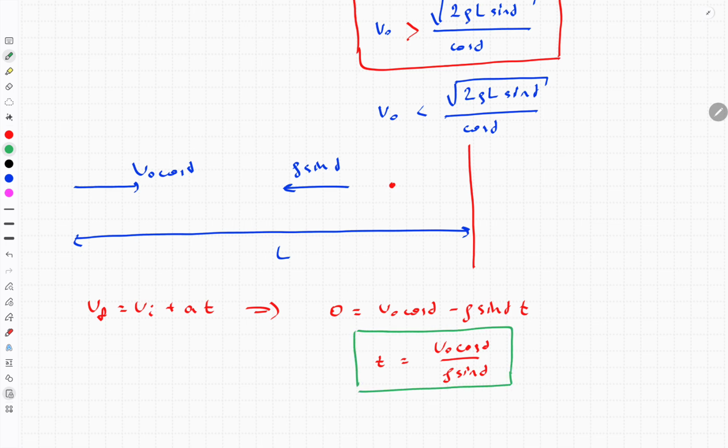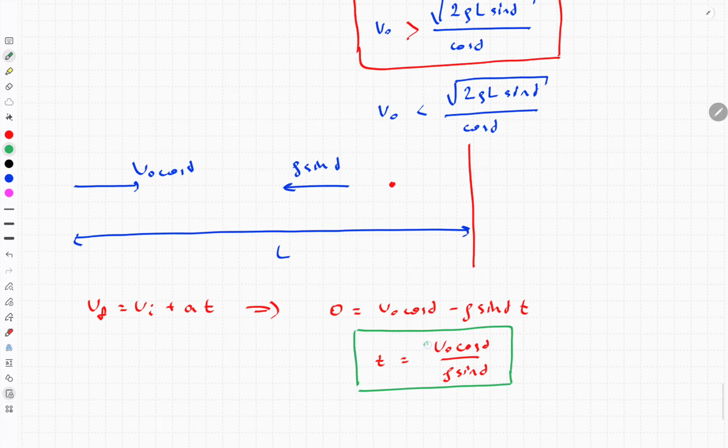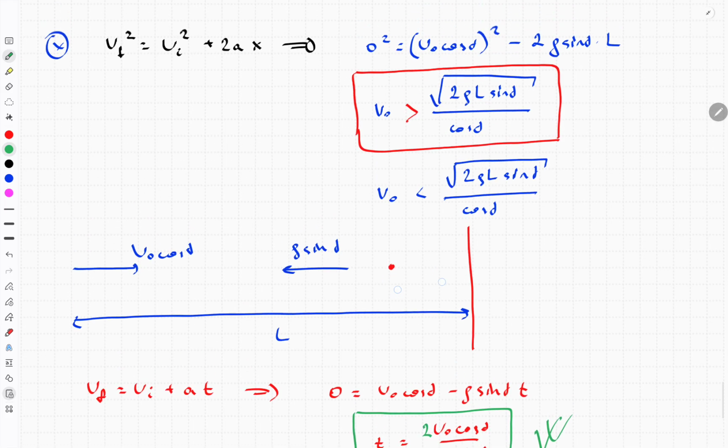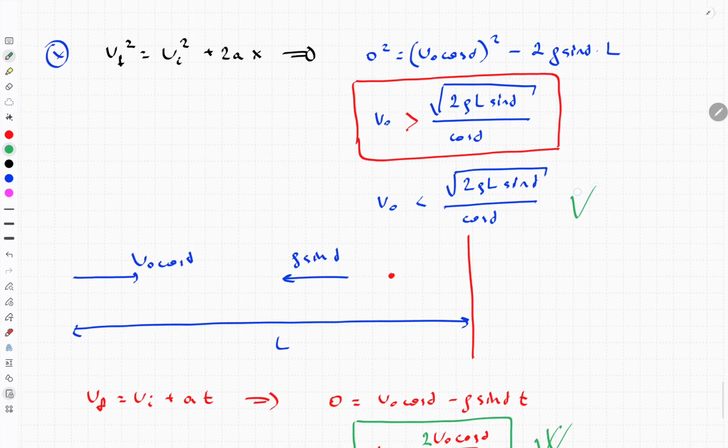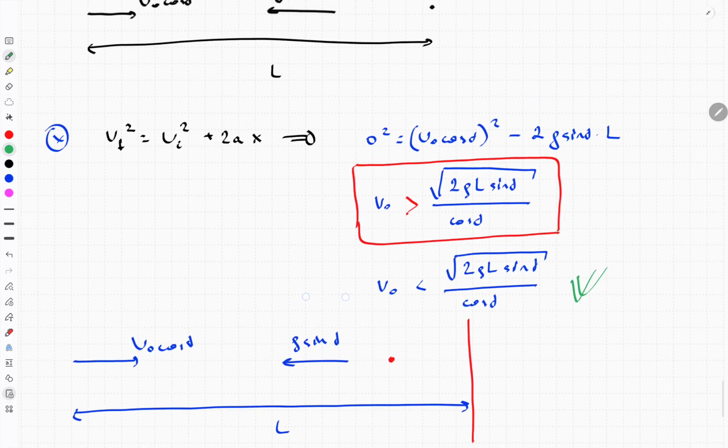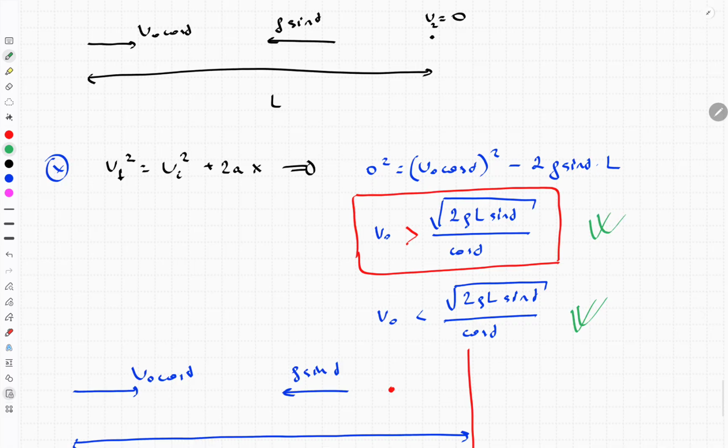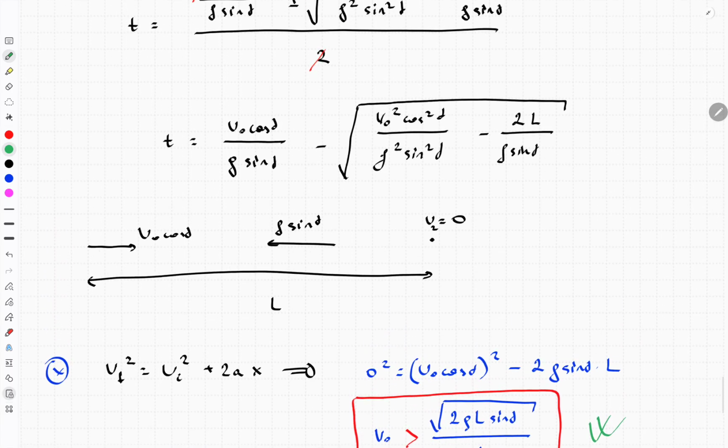So it will come back. It will move downward with the same acceleration, so we need to just multiply by 2. After this time, it will leave the left side. If you have enough velocity, it will leave the right side after this time.